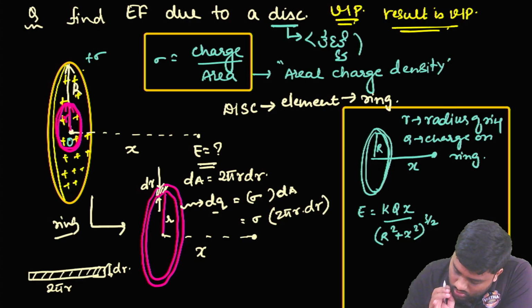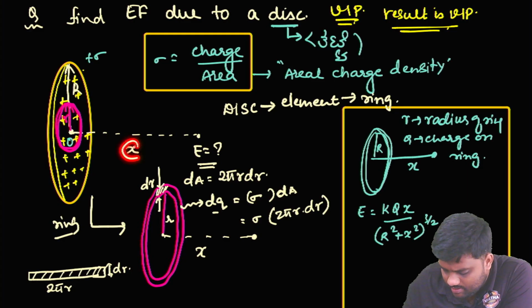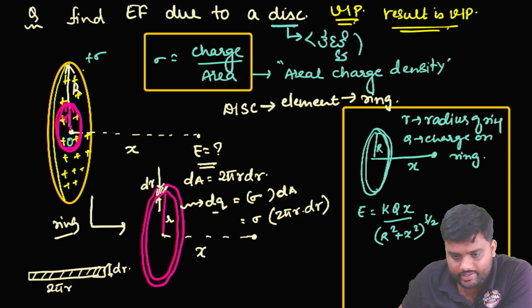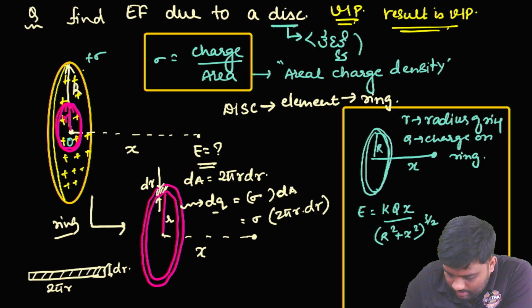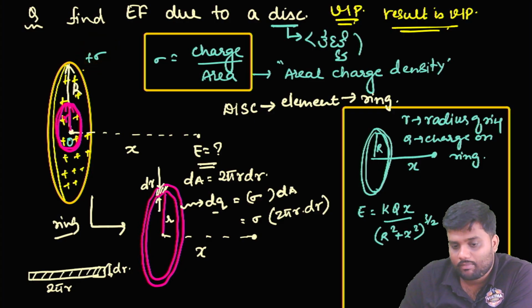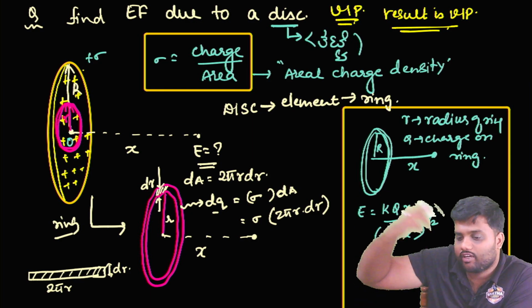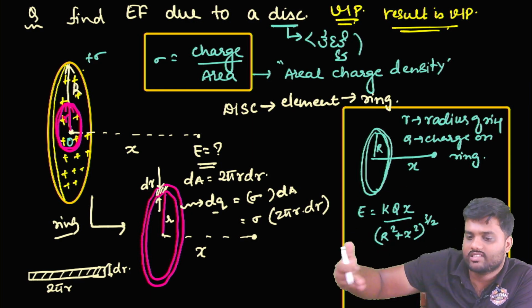You understood now, sir. There is one disk, and because of this disk at some distance x I need to find out the electric field. This disk has plus sigma charge. Sigma charge means it is a charge distributed across that area, that is charge upon area.